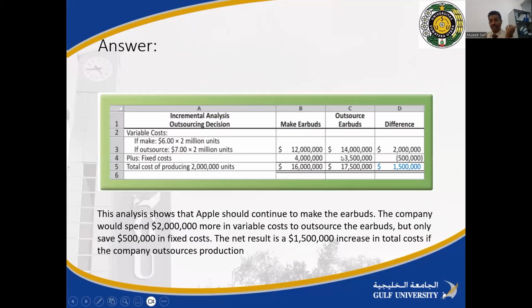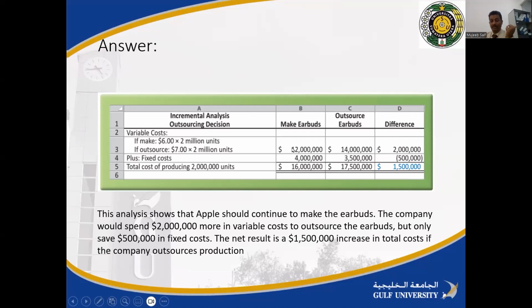That means 3,500,000 will be here also. We will not avoid it. We should also pay this fixed cost, even though we purchase this from outside, right? So here, taking these units from outside is better than making it inside. So there is a difference of 500,000. So here let us see the total difference.